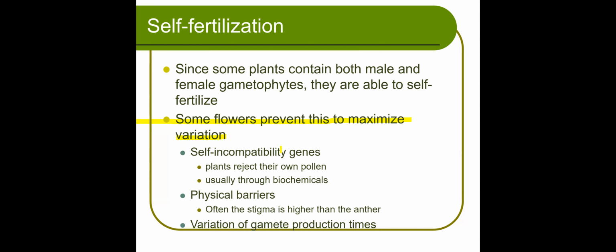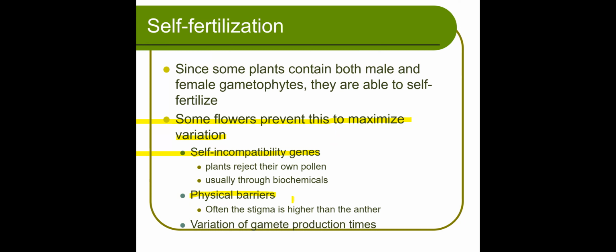And we know that variation is key when it comes to survival and reproduction. And so some plants have these self-incompatibility genes, which just essentially means that their own pollen cannot really fertilize or make its way all the way down to fertilize those eggs. They could have physical barriers.